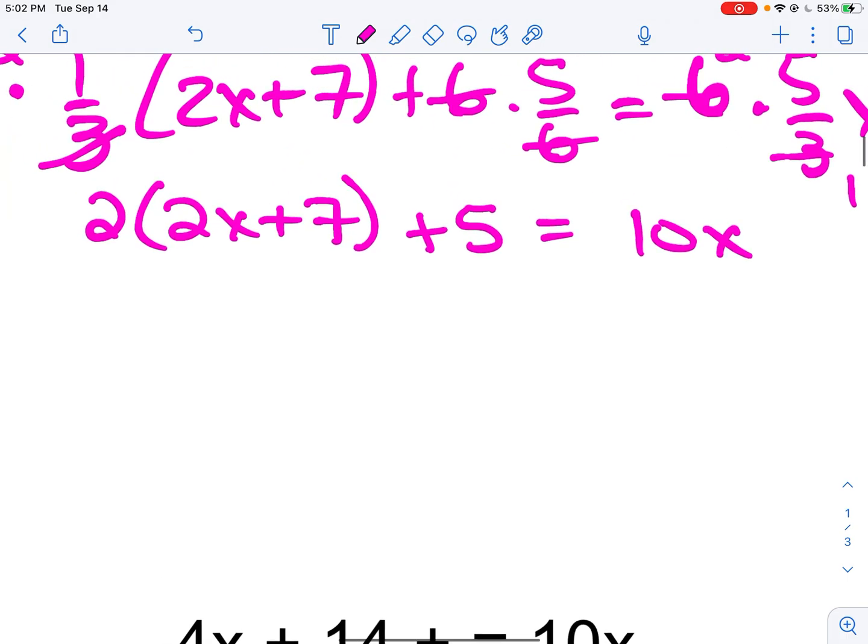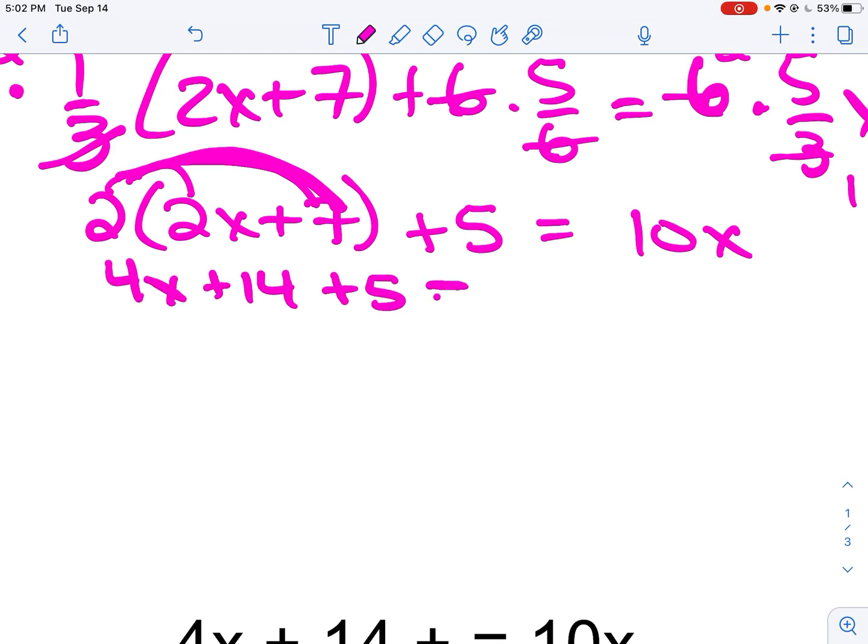Sorry. So I distribute. When I distribute, I would get 4x plus 14 plus 5 equals 10x.